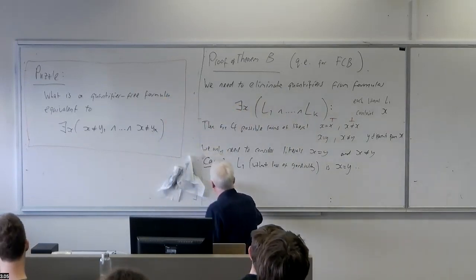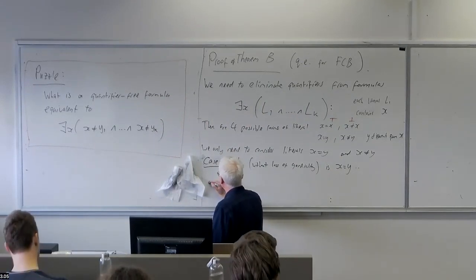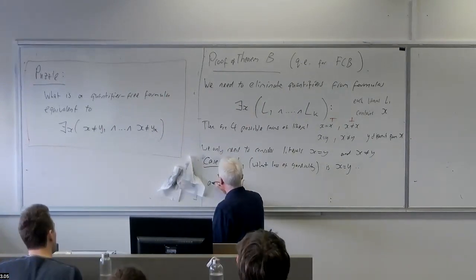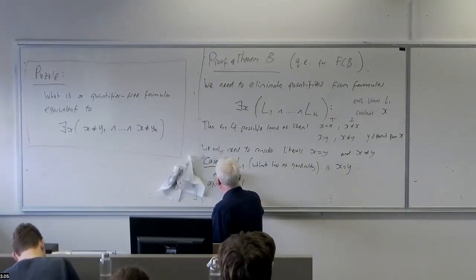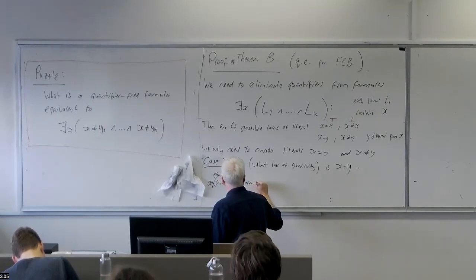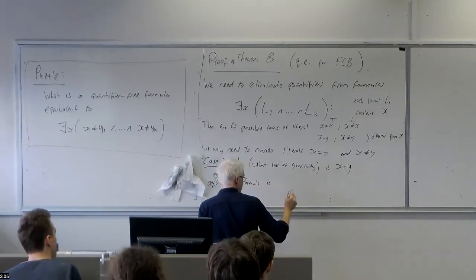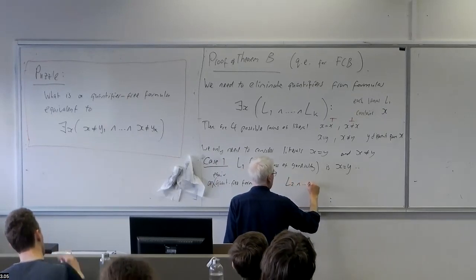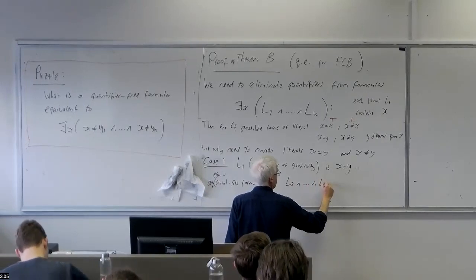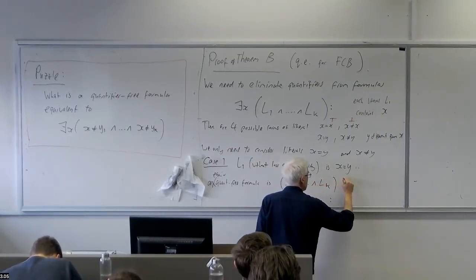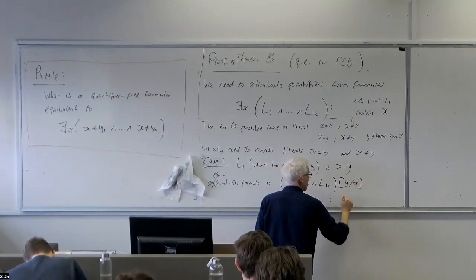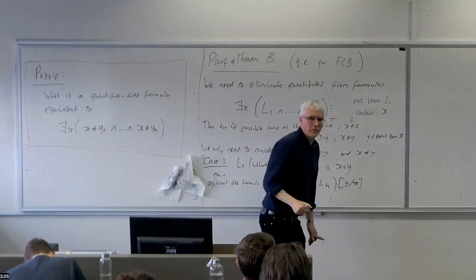So the equivalent quantifier-free formula is L2 up to LK, the conjunction of those with y substituted for x. Then we've got rid of the x, and we've got a quantifier-free formula in the other variables.